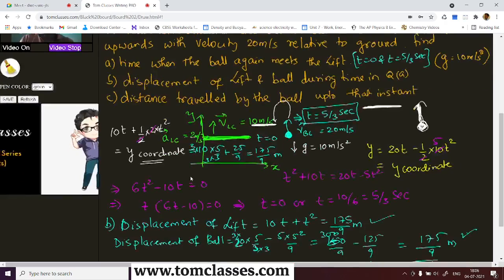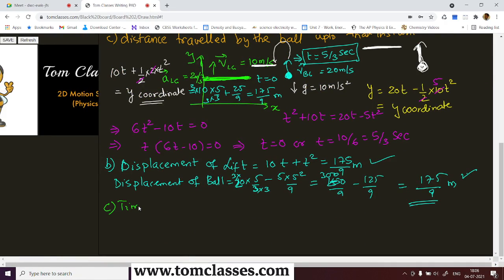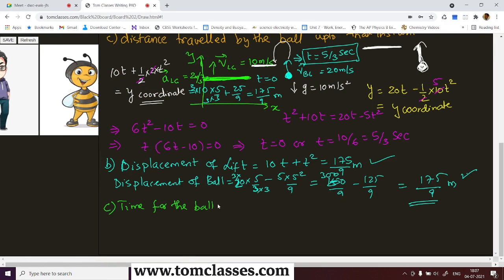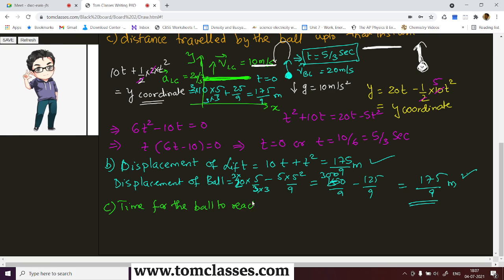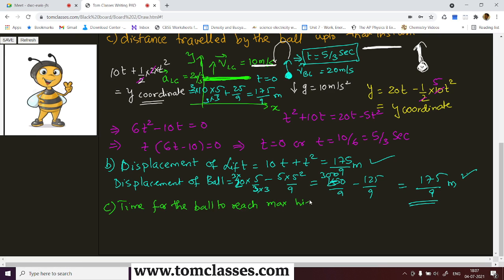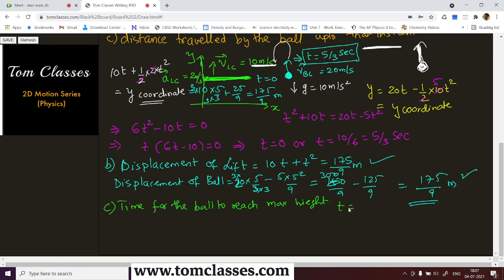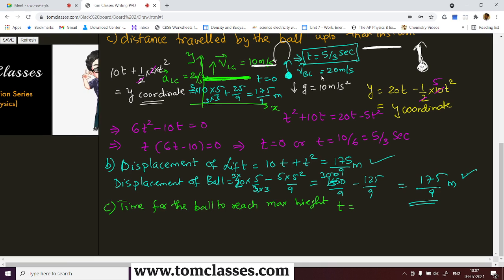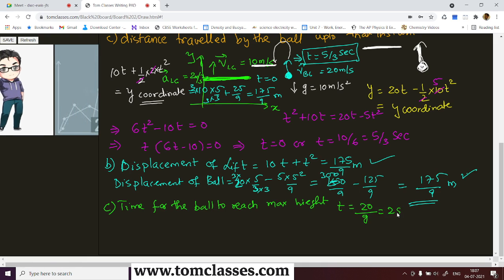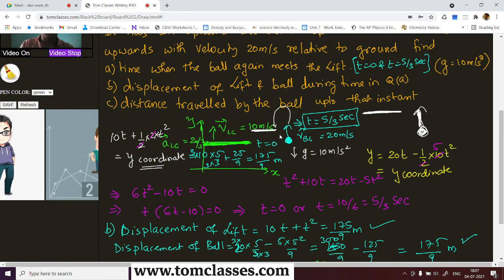So the time for the ball to reach max height. At max height we know that the Vy component is 0. So T is going to be the velocity over here, that is 20 by g. It is going to take 2 seconds, and then it is going to return.